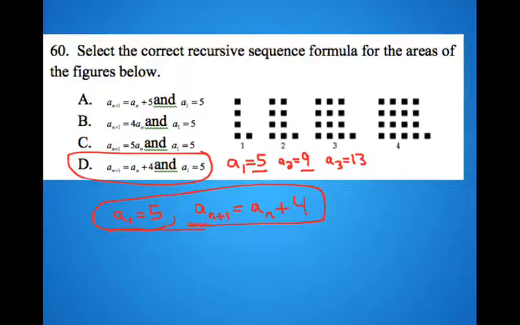Then this notation says that whenever you're looking for a particular term, you have to use the term right before it. This is a sub n plus 1, and this only has a sub n, so it's the one right before it, and you have to add 4. So that's how we define it recursively.